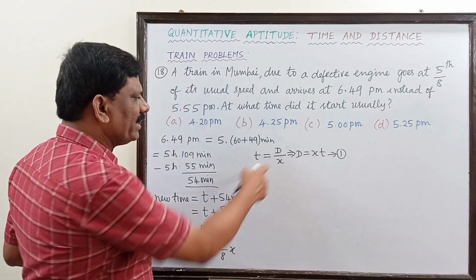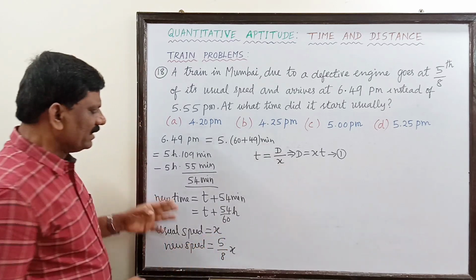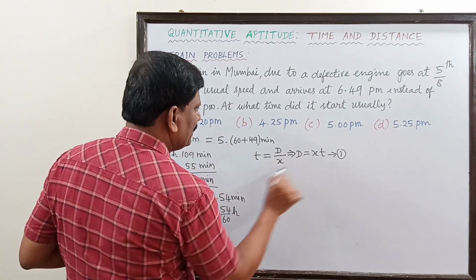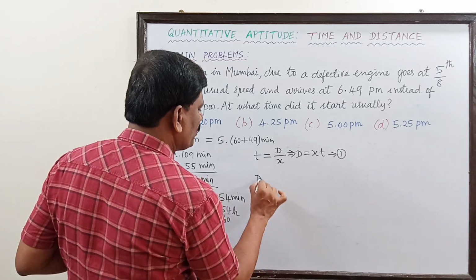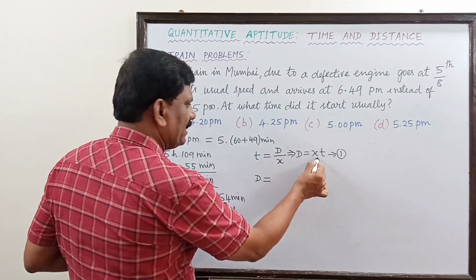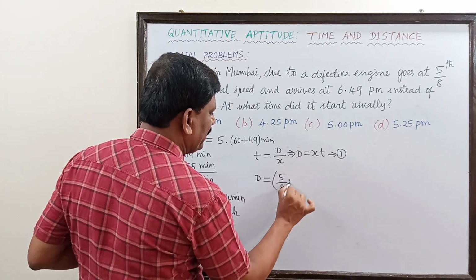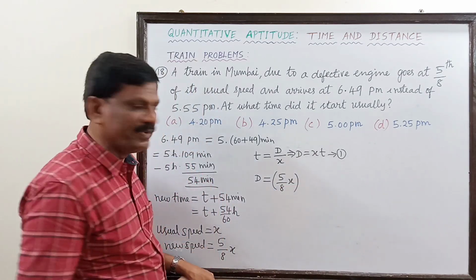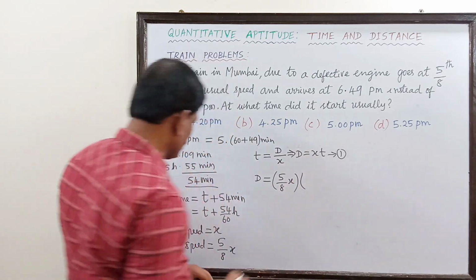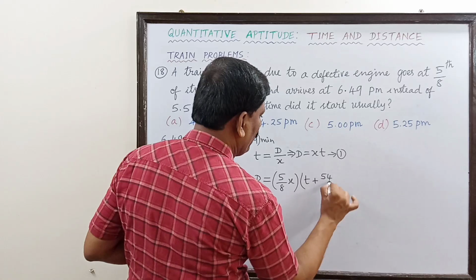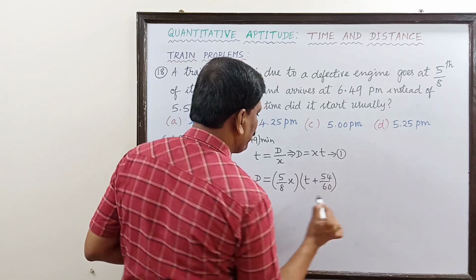Similarly, I take the new speed. For the new speed, the same distance is traveled, but the speed is 5/8 times x, and the new time taken is t plus 54 by 60.